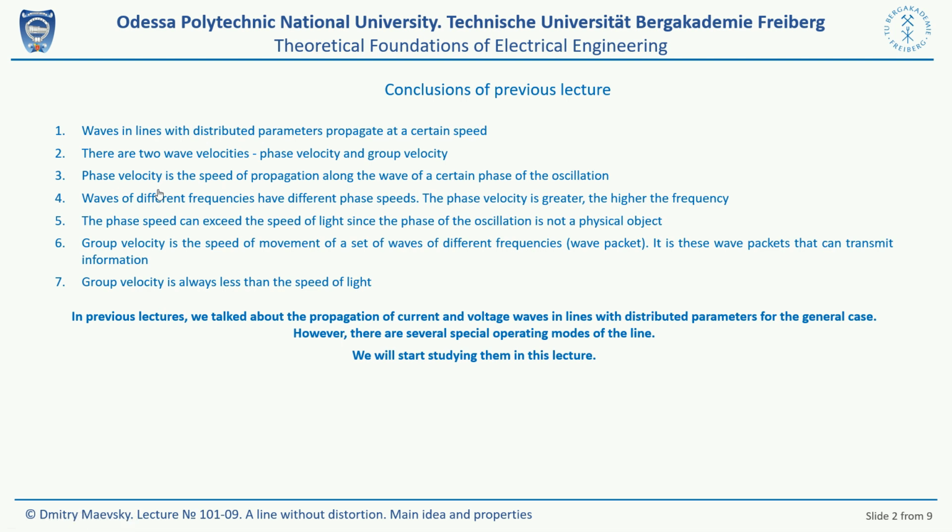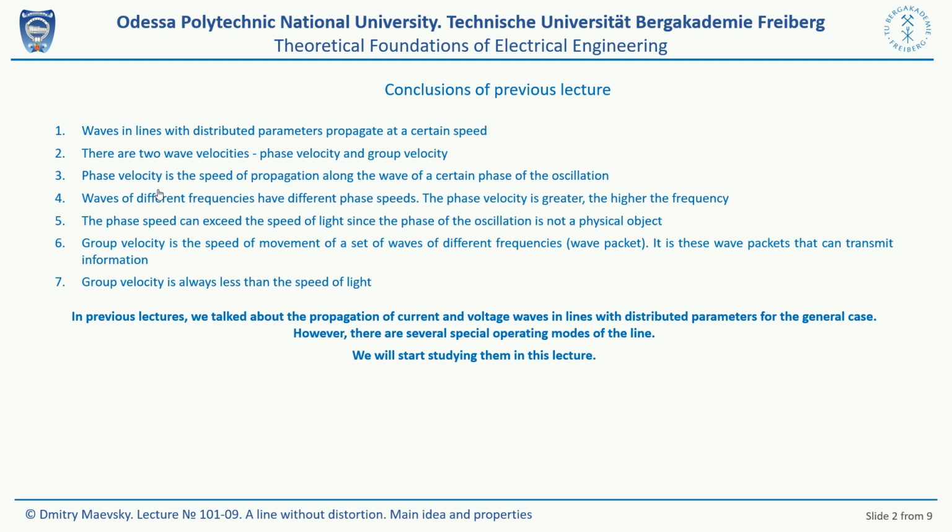Information can be conveyed not only by the sinusoidal oscillation itself, but also by its change, such as an increase or decrease in amplitude. Such oscillation, which changes the amplitude, is already non-sinusoidal.